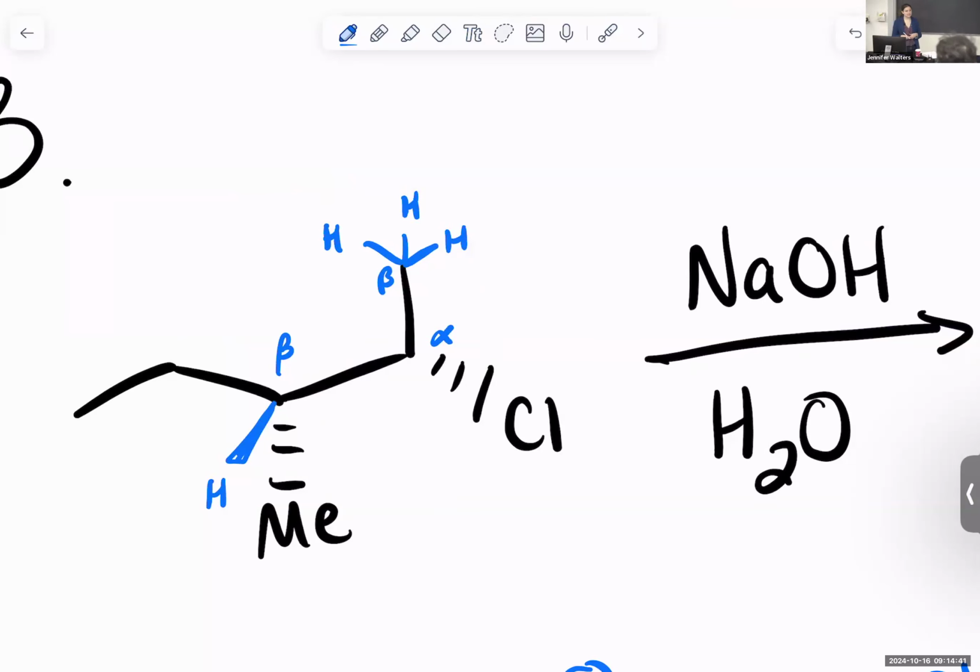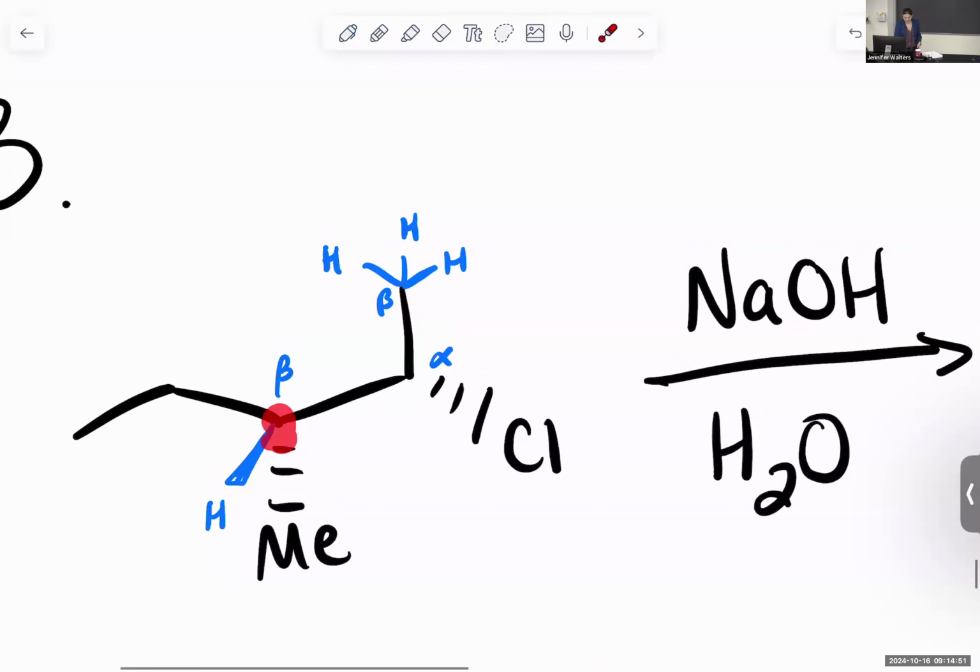How bulky the base is. So hydroxide, is that a bulky base? No, that's really small. If anything, it's only 2 elements. It's tiny. So that tells me I'm going to attack my more substituted side. Why did I attack the more substituted side? Because I didn't need to worry about sterics.